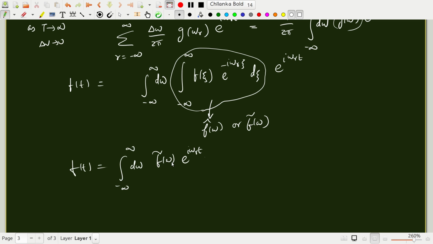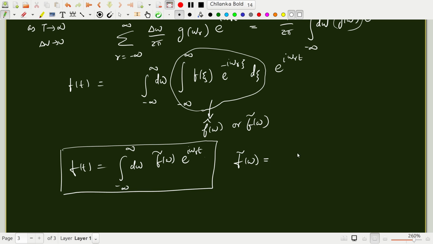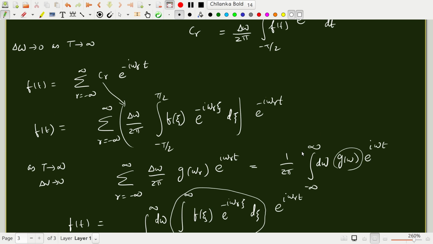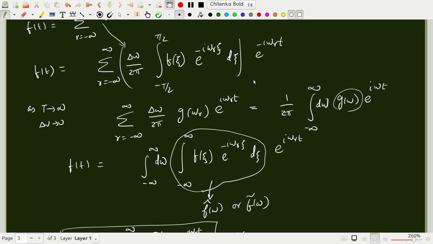This is the Fourier transform, and it comes in a pair. You have to tell how, given f of omega, f of t is found, and likewise given f of t, how f of omega, or f tilde of omega, is found. I'm sorry, I've perhaps missed a factor of 1 over 2 pi here.